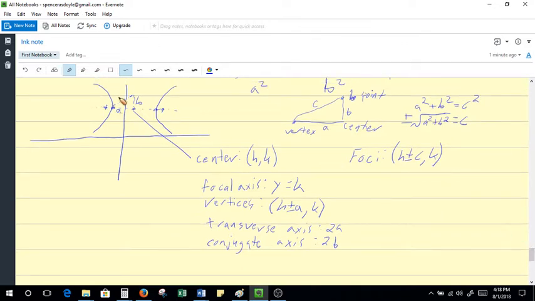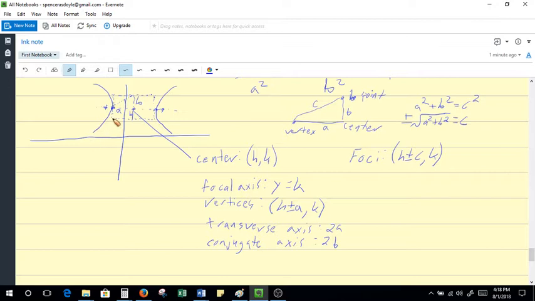So what b and a actually are doing is they are creating this imaginary rectangle around here. And b is obviously that distance down too, so this is also b. And the point of it is, these corners are creating our asymptotes for our hyperbola.